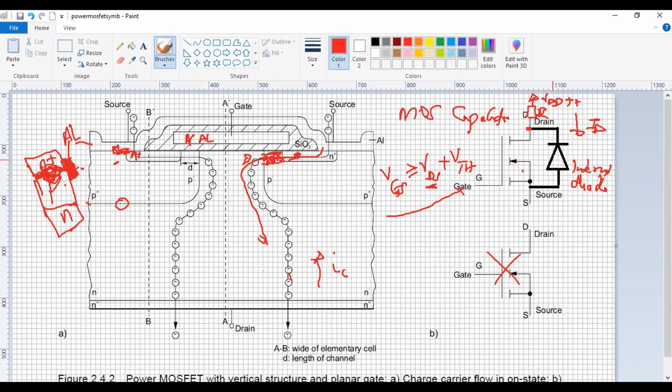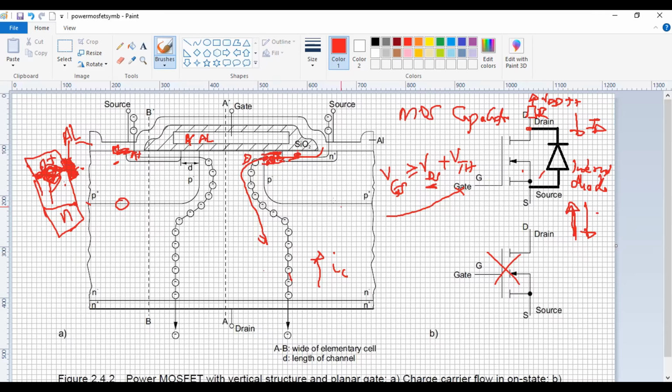If this gets forward biased, then you can have current flowing from the source to the drain. They can't happen at the same time, obviously, but if you wanted, you could use this to carry current. This is unique with a power MOSFET: you can have current going both ways. So it's bidirectional current flow.